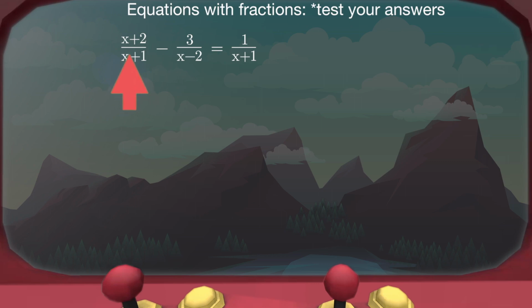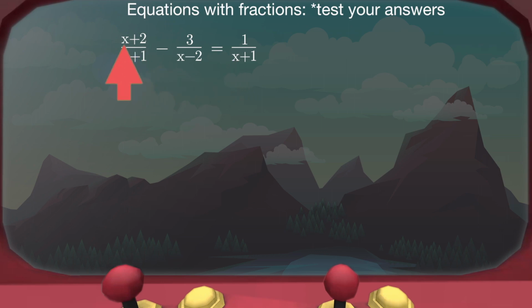Now, here we have an equation with fractions, and I can immediately see that my numerators and denominators have pluses and minuses in them. So I am going to have to factorize. So please be careful. You have to look very carefully at what factorization you can use. But as I can see from this example, I can only take out a common one.